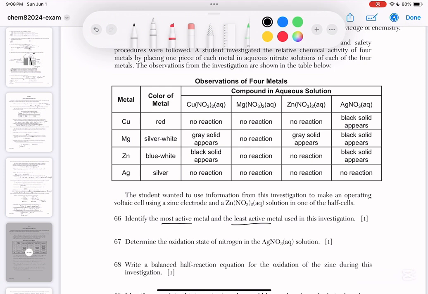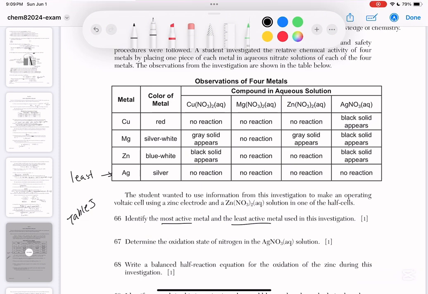Most active, least active. This is a table J problem. So the least active metal here would be silver. And then you can also look just by the reactions it has. Like silver is the only one with 4 no reactions, so it's pretty not reactive.